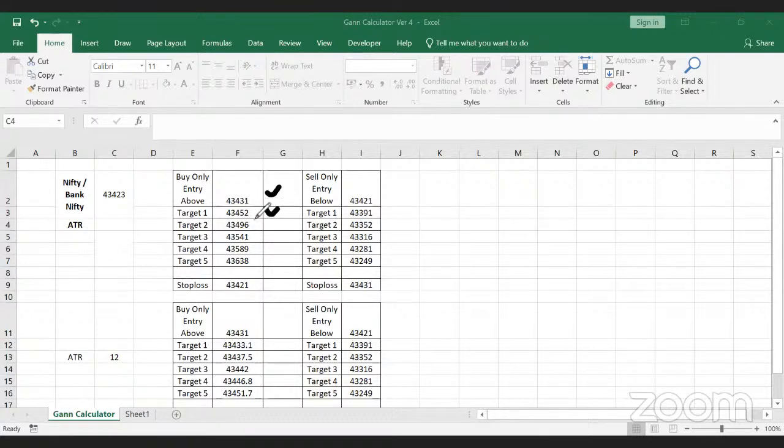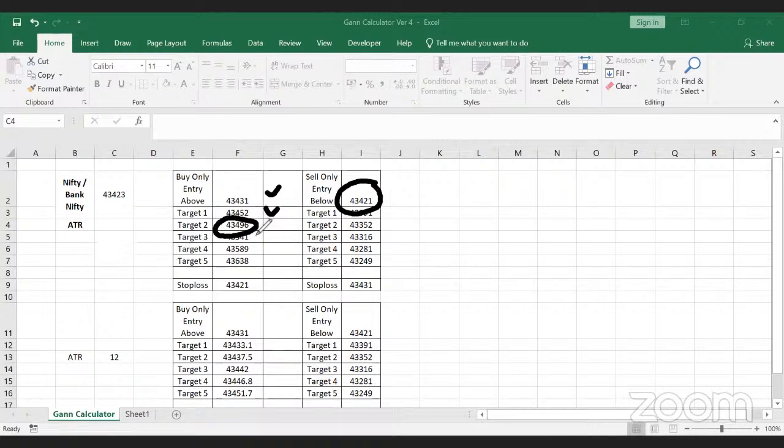Sorry, this and this is possible. For us, this is very important. If you want to continue with the trade and you don't want to exit, put a trailing stop loss. Or you can exit and wait for this to happen, then go ahead and take the fresh selling.